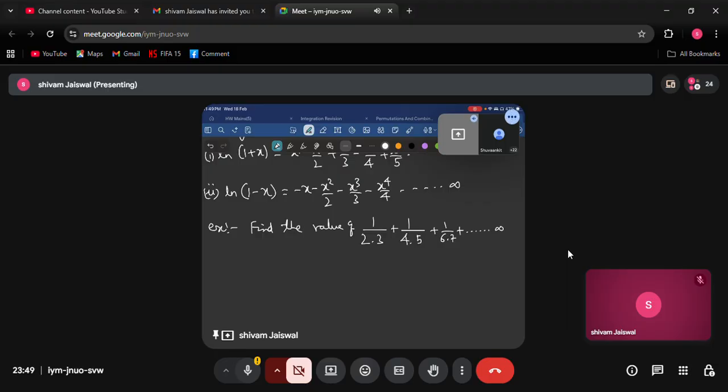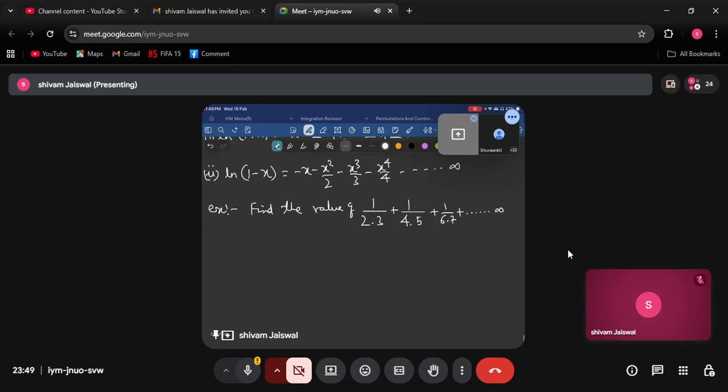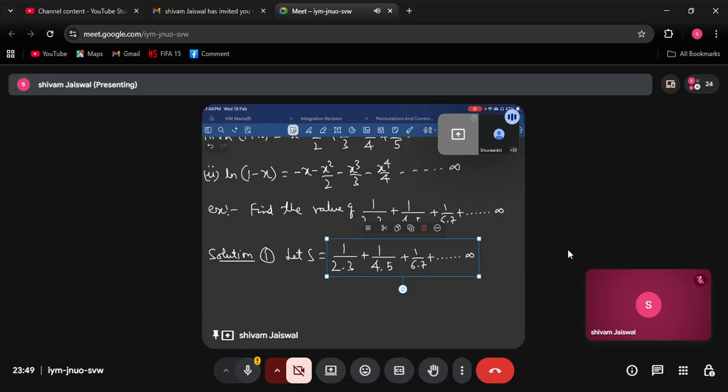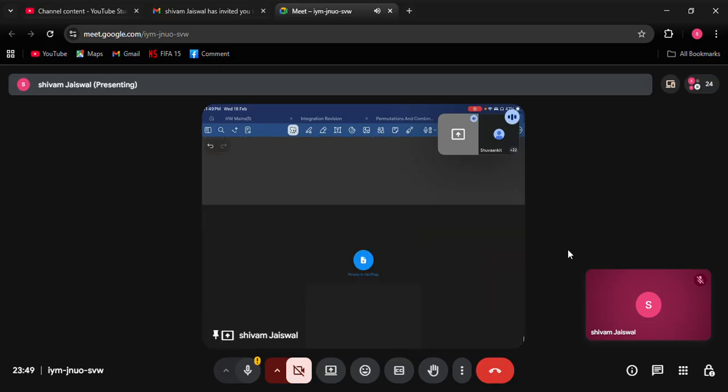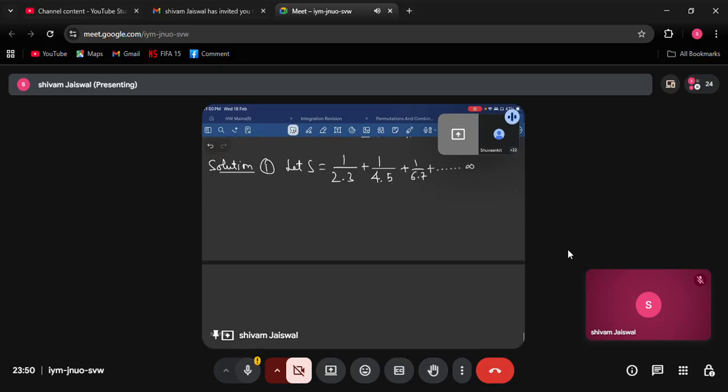Okay, so let us start. Step 1, you take s is equal to this expression. Are you people able to understand that it can be converted into telescopic?